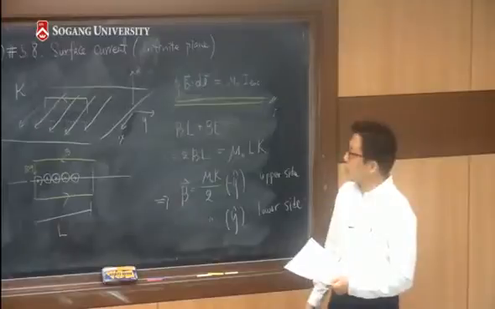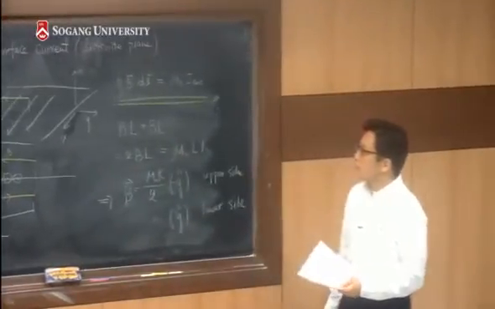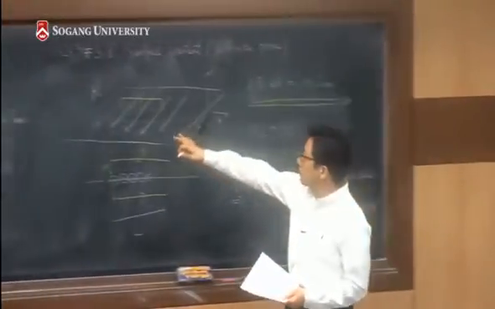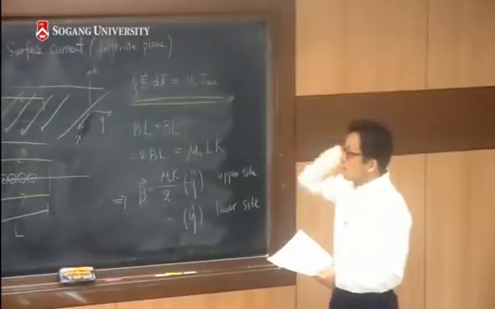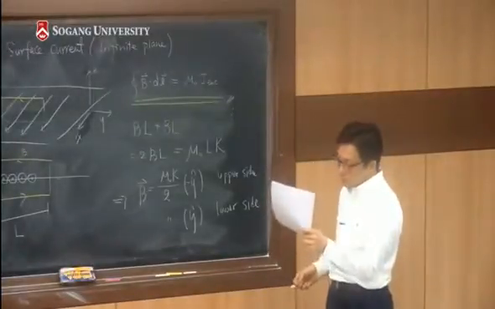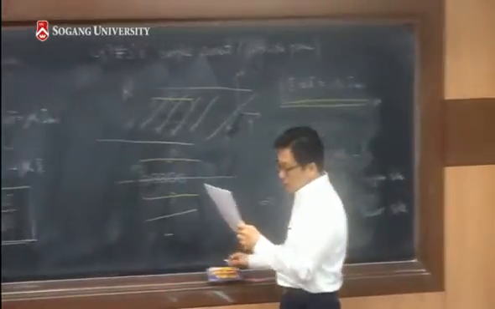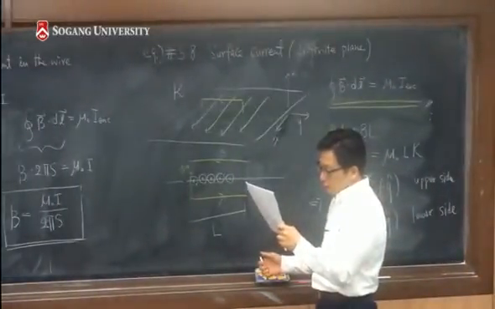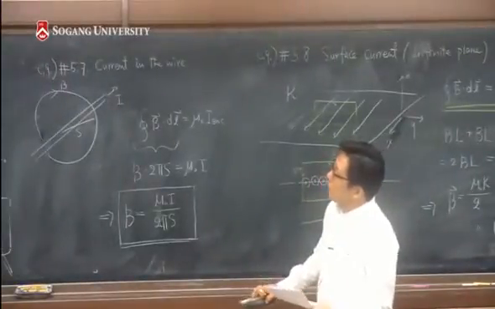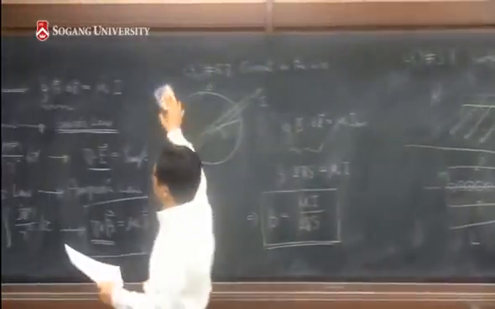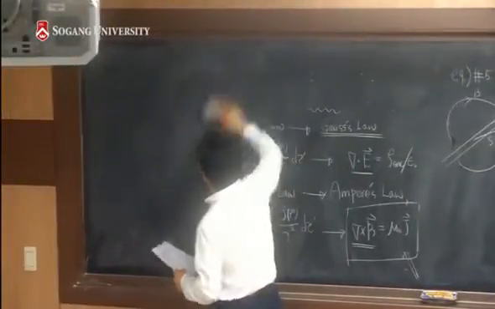And this is a simple example, because the current density in this case is distributed in a very symmetrical way. Okay, and this is how you can apply Ampere's law to get the magnetic field for the case of a symmetric current distribution.